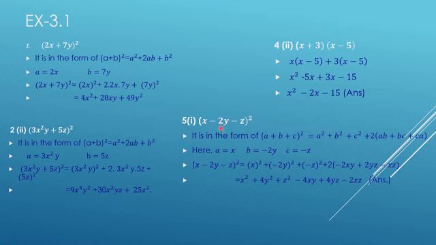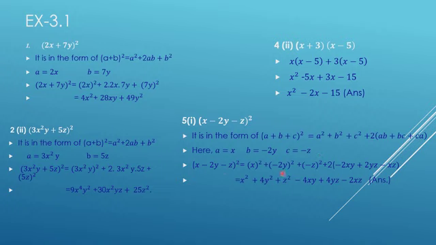Next we have (x - 2y - z) whole square. Now this is in the form of (a + b + c) whole square. You might be thinking that this has a negative sign, but the formula that I've used is positive. Now what happens is, you can take the value of b as minus 2y. So a is equal to x, b will be minus 2y, and c will be minus z. That means the negative sign has been taken as part of the term.